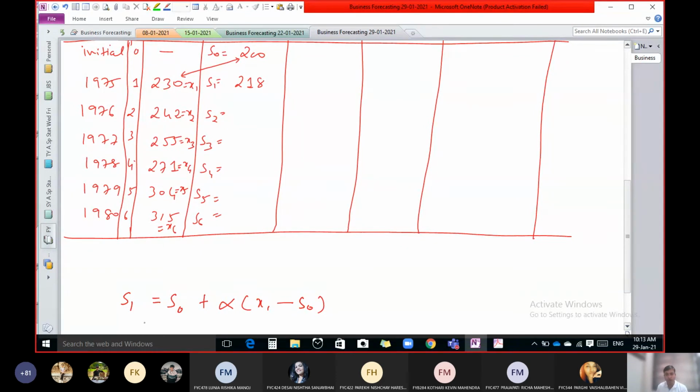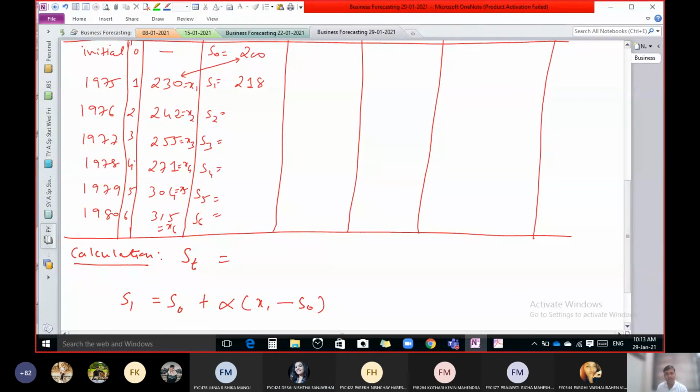Now from this formula, can you convert it in terms of time t? What is the formula of St? If you want to calculate S1, we have to use the previous value S0.